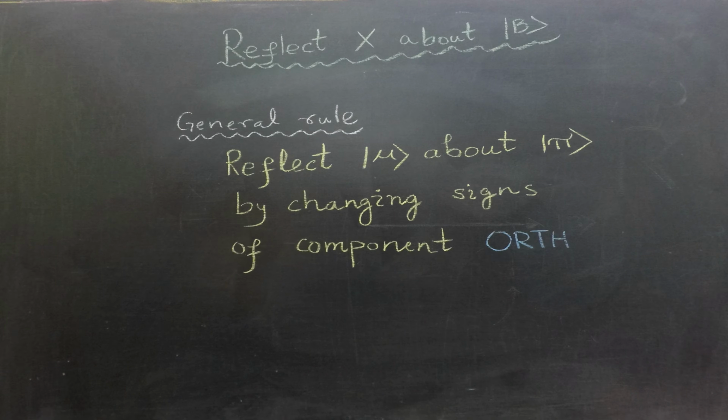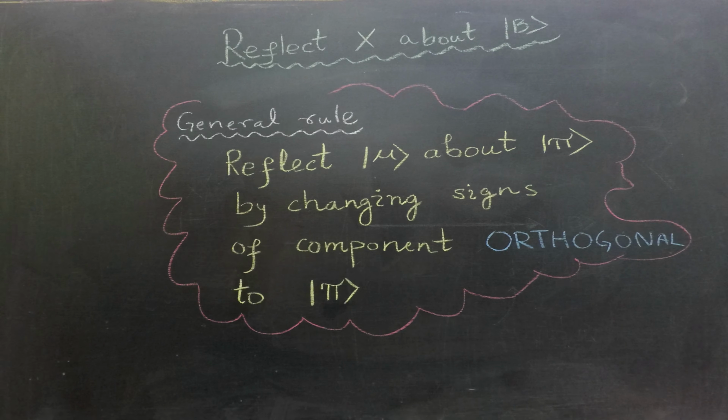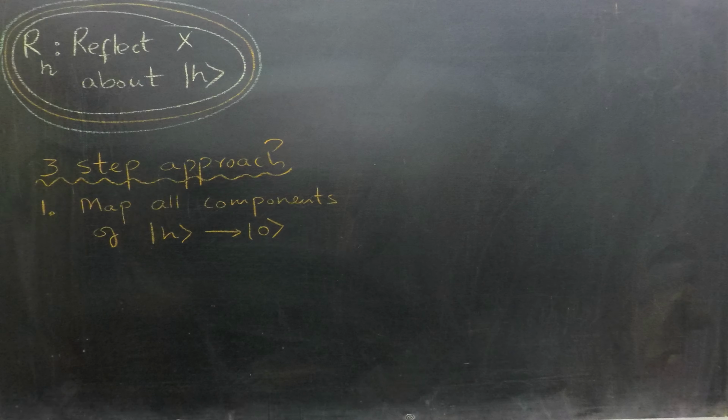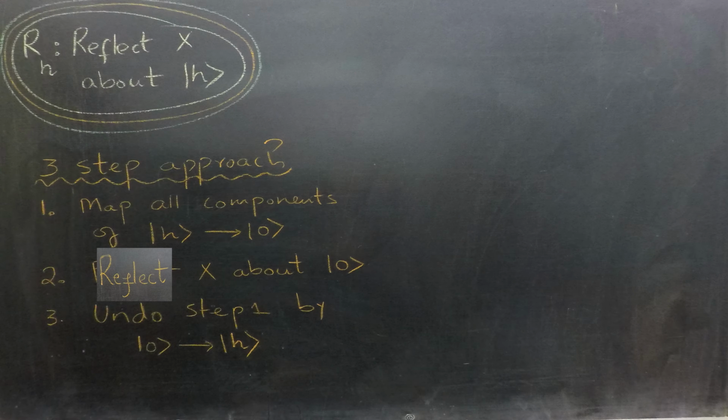However, it is not immediately obvious how to identify the components that are orthogonal to ket h in register X. To overcome this challenge, here is a clever 3-step trick. Step 1. Map all components of ket h to ket 0. Step 2. Reflect about ket 0 using the rule. Step 3. Undo step 1 by mapping ket 0 back to ket h.